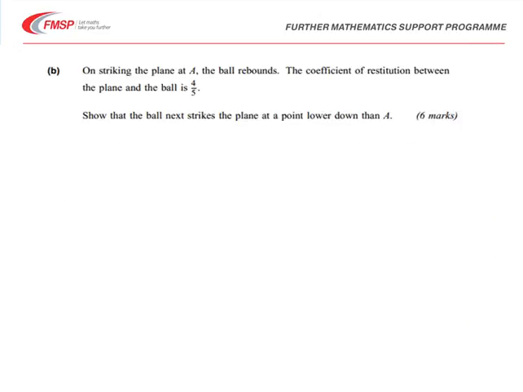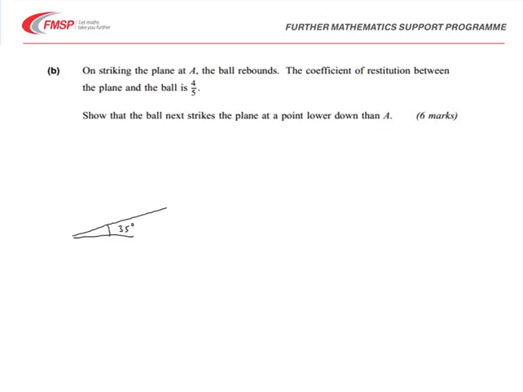The next part of the question asks us to decide whether the ball, having bounced, strikes the plane at a lower point than A. In fact, we have to show that. Now, one way to do this is to work out the angle at which the rebound takes place. We know that the angle of the plane is 35 degrees.